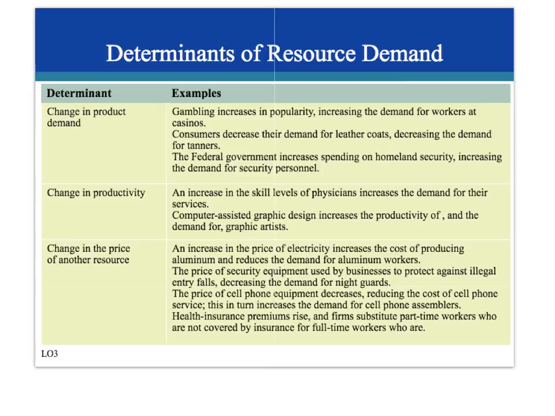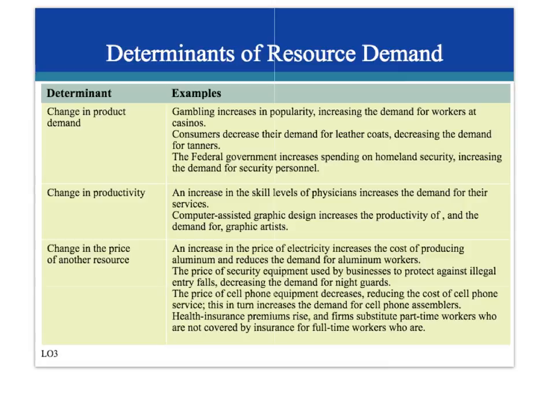So an increase in the price of electricity increases the cost of producing aluminum. Therefore, output of aluminum drops and the demand for aluminum workers also drops. The price of security equipment used by businesses to protect against illegal entry falls. So the demand for night guards also decreases. Why? Because security equipment is now taking the place of night guards.